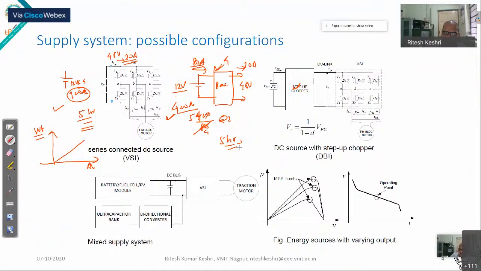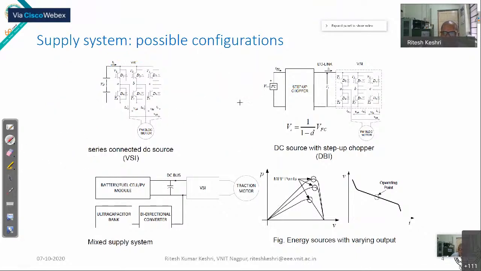boost circuit arrangement. Then where to use this type of arrangement? We use this type of boost converter arrangement for the cases where the output characteristic varies, like for the photovoltaic panel with the solar insolation. If the solar insolation changes, you can find that the characteristic is varied.